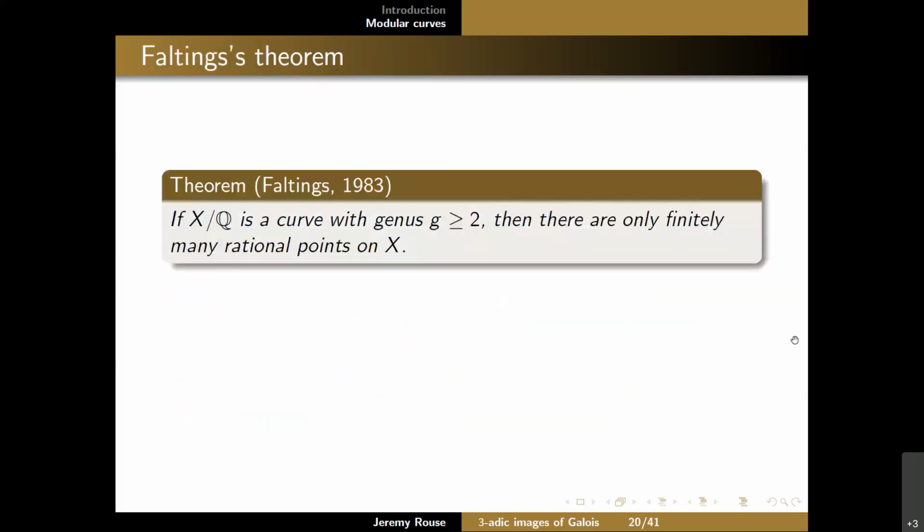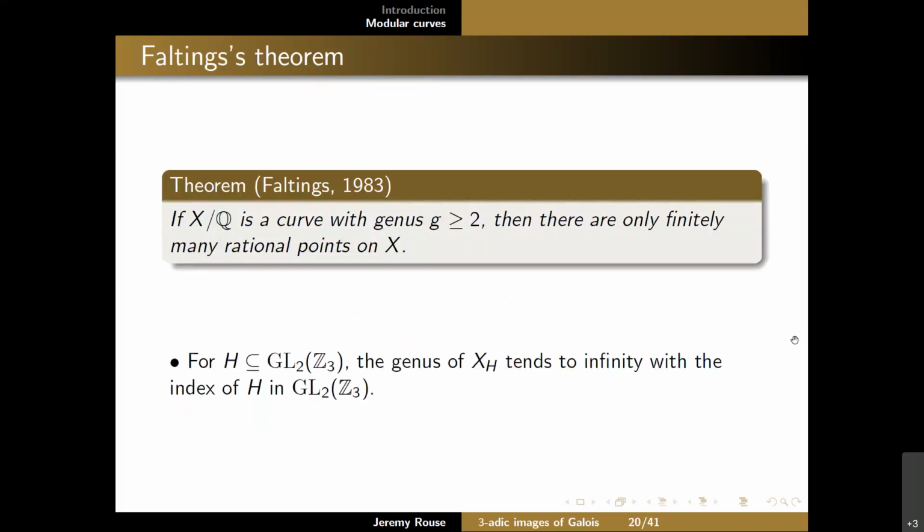So Faltings' theorem says that if you have a curve over Q with genus greater than or equal to 2, there are only finitely many rational points on the curve. It also is true that as the index of H in GL2(Z/3) goes to infinity, the genus of the modular curve X sub H also goes to infinity.